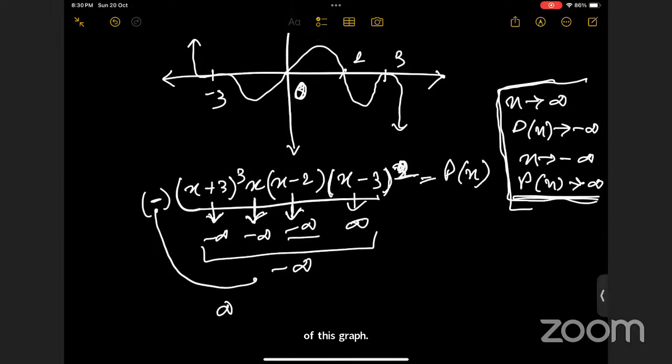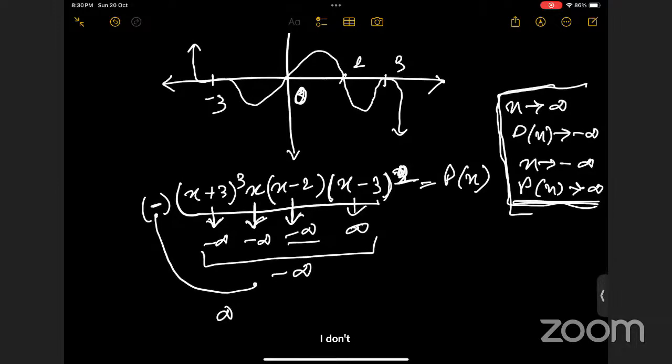Ma'am, in the beginning you provided a minus sign, so there is no a value, right? We have not found the a value. So how did you get the minus? I took the minus for the end behavior. The end behavior from the graph we found is this, and we have to make sure that the equation satisfies this, right?